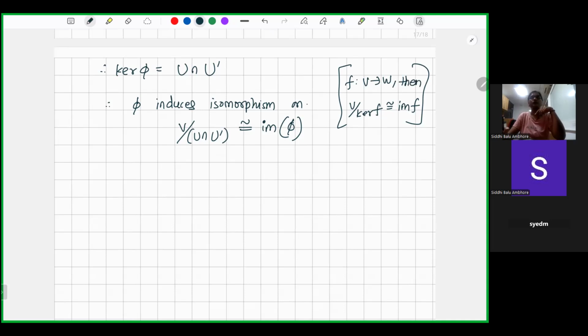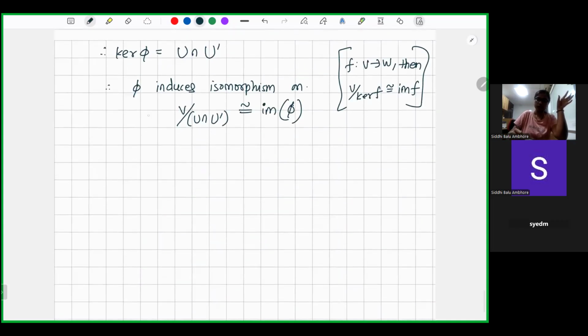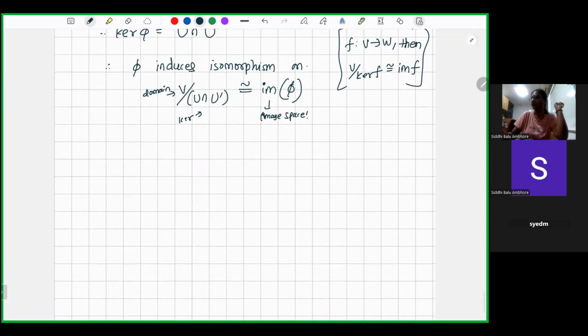That's what the image of phi is. I hope you understand what we are writing. This is the domain, this is the kernel, and this is the image space. Okay, so that's what we have here.